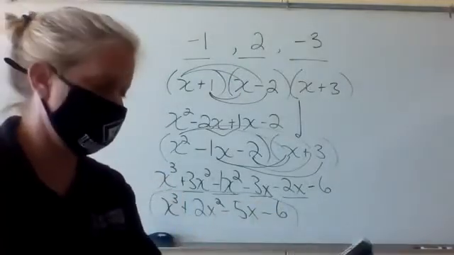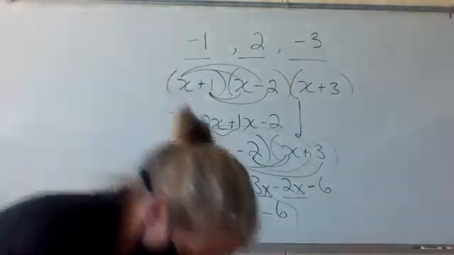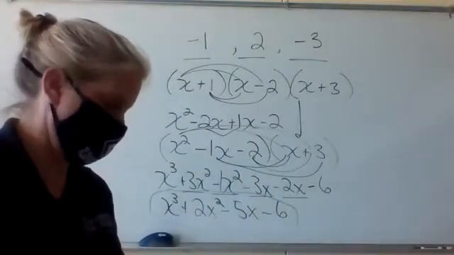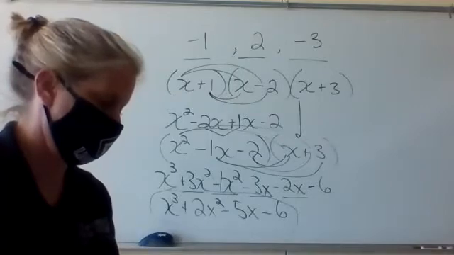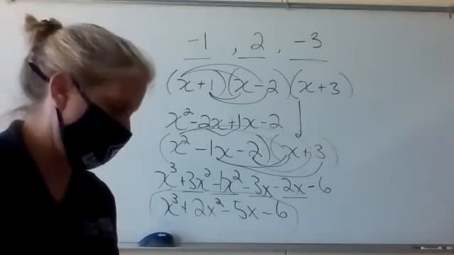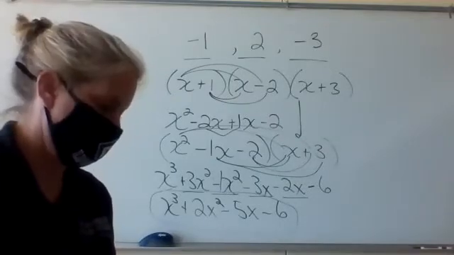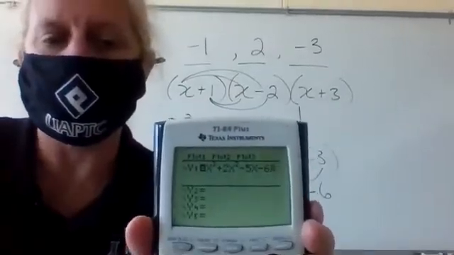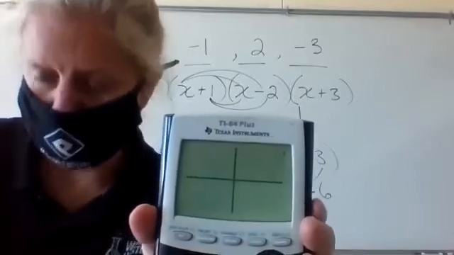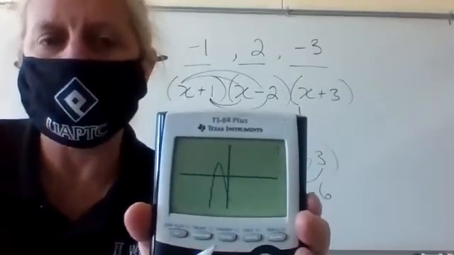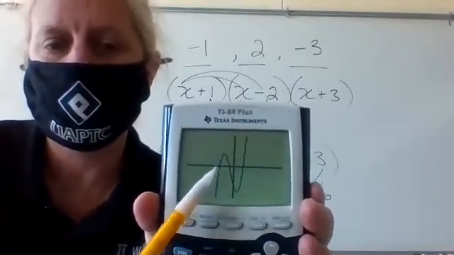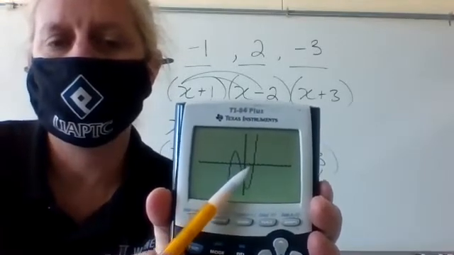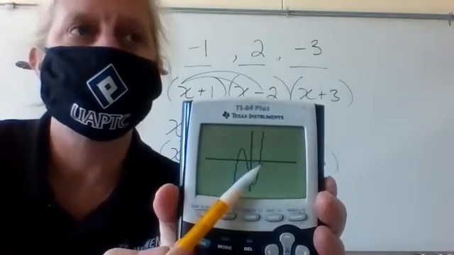So let's see, x to the third, plus 2x squared, minus 5x, minus 6. So just in my y equals, I just put what I came up with. Now let's graph it. Look at where it crosses the x-axis. There's your negative 3, -1, and +2.